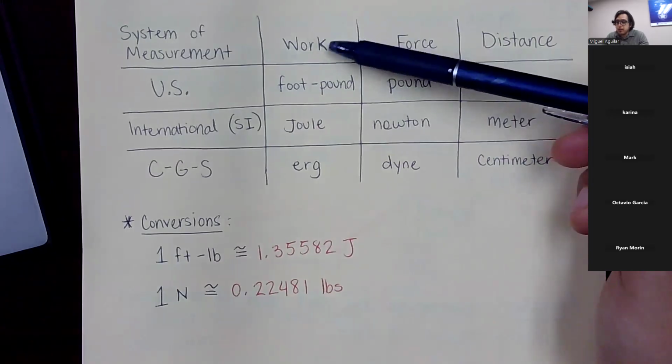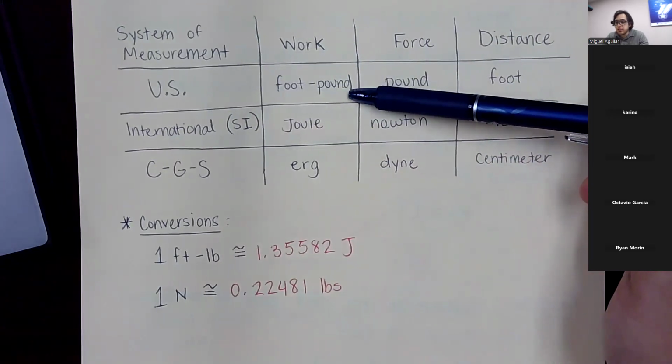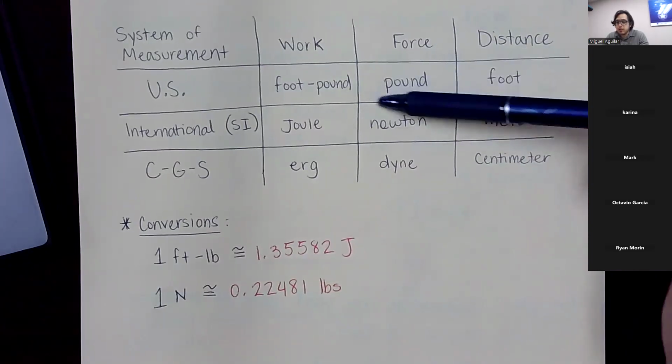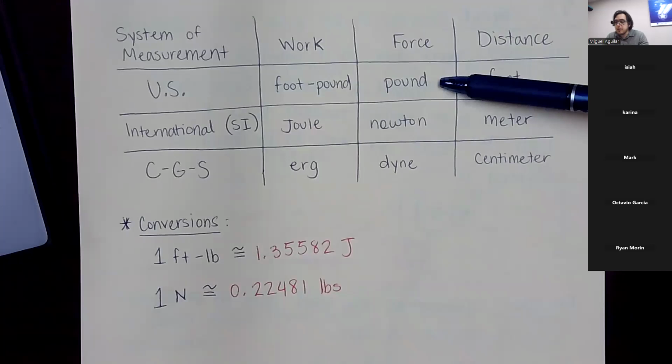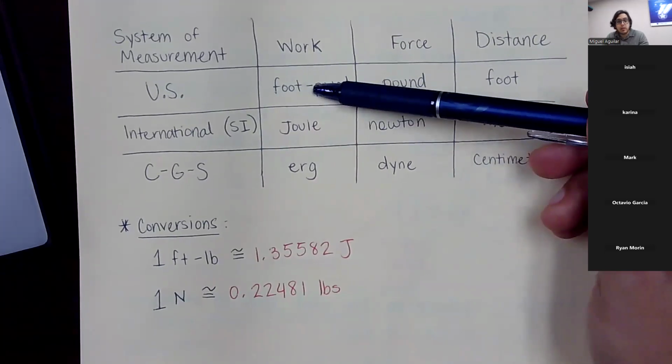If we're talking about work in the US system, the units for work are foot pounds, which means that our force is in pounds and distance is in feet. So if you multiply these two together, you get foot pound.